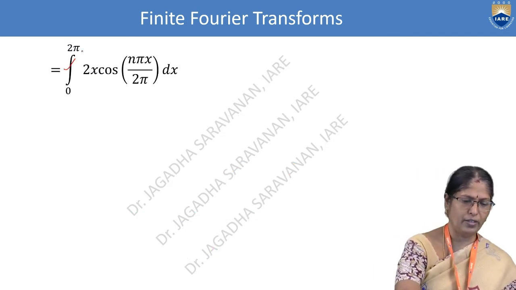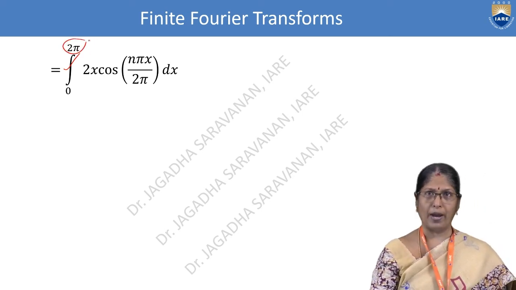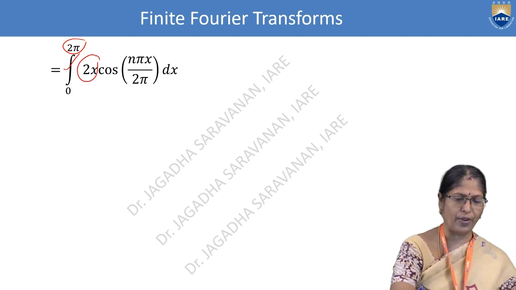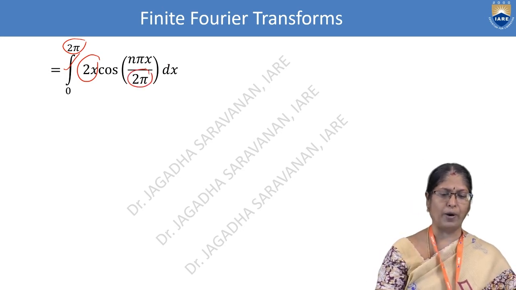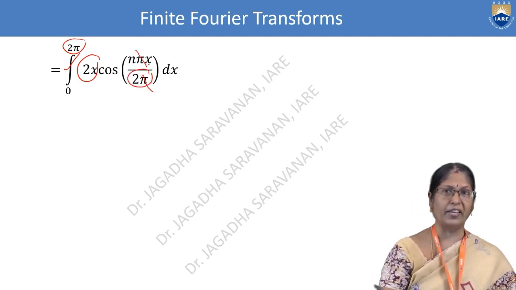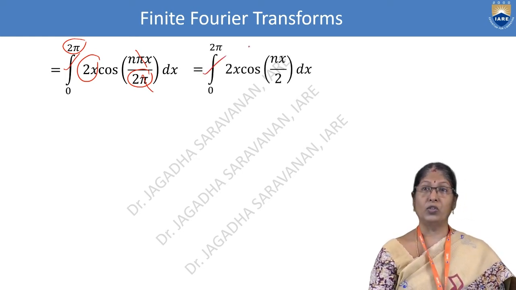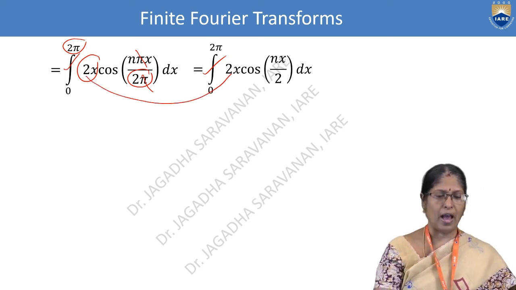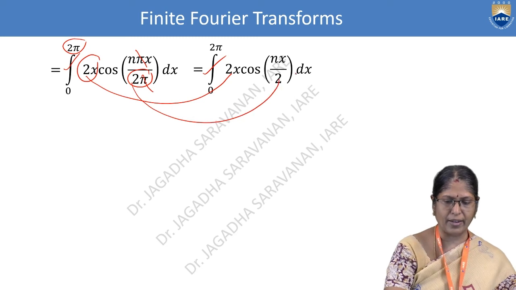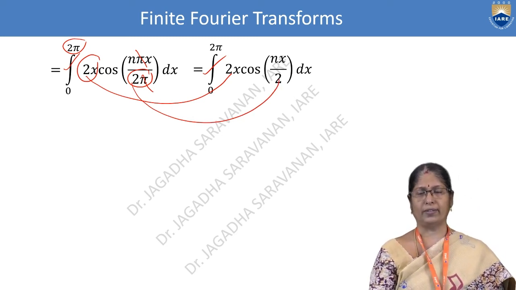Now, integral 0 to 2 pi, that is, our L is 2 pi, our function is f of x, cos of n pi x by L, L is 2 pi, the pi getting cancelled. So we got the integral from 0 to 2 pi, the 2x is written as it is. After pi is cancelled, it is cos of nx by 2 dx.